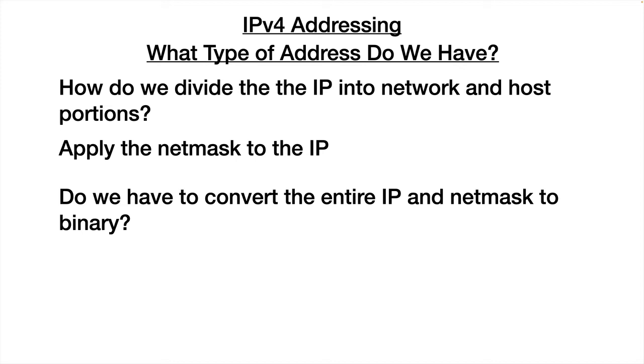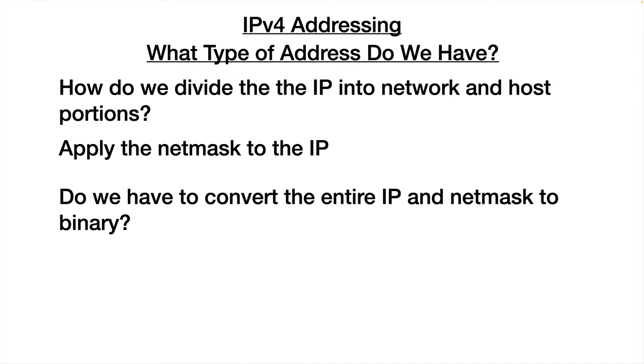And the answer is no. The reason for that is if we AND anything with a 1, we get that anything back. So 0 AND 1 is 0, 1 AND 1 is 1, if we look at our AND truth table. The other fact is if we AND anything with 0, we're going to get 0.